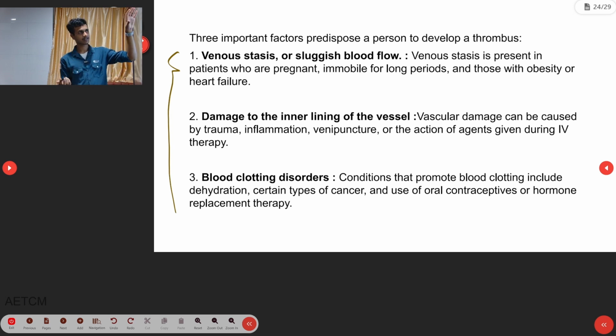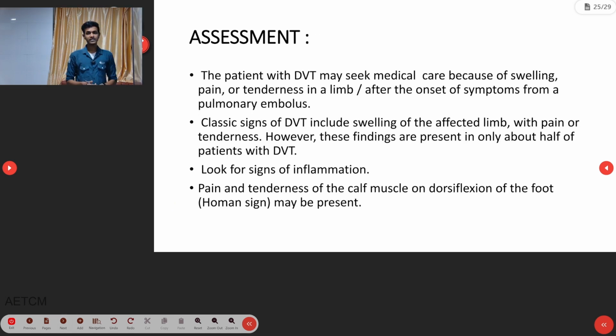Venous stasis occurs in pregnancy, long immobility, bedridden patients, or those with obesity or heart failure. Damage to the inner lining of the wall occurs with IV drugs, venipuncture, inflammation, or trauma. Hypercoagulopathy is caused by certain types of cancer, dehydration, or oral contraceptives. So this is called Virchow's triad.